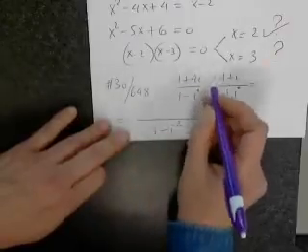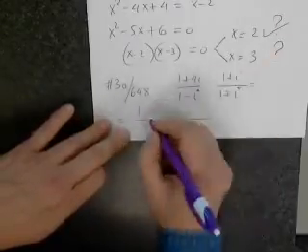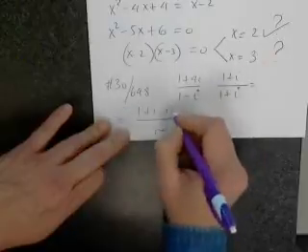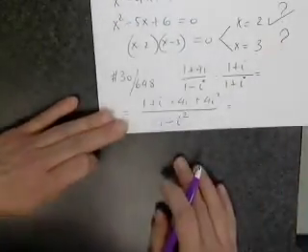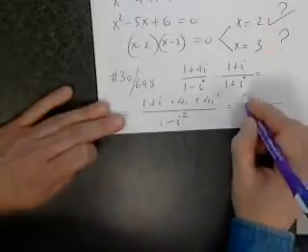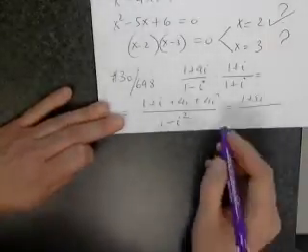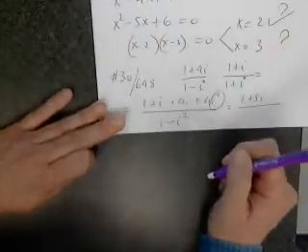So 1 times 1, right, is 1. 1 times i plus i. 4i and plus 4i squared. Excellent. Good. So then it's 1 plus 5i, but how much is i squared?